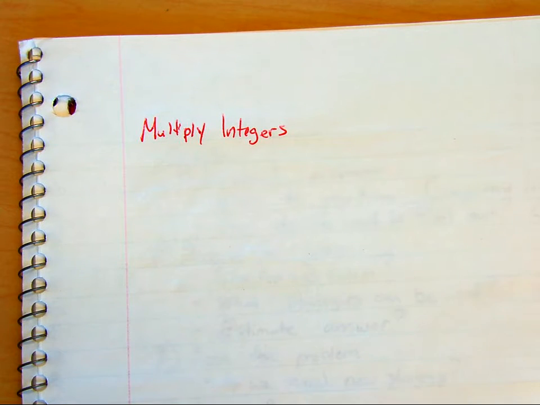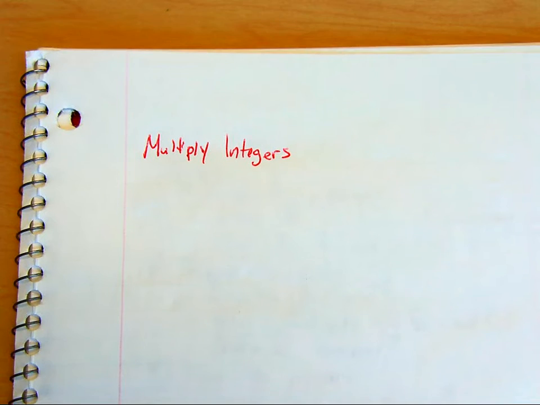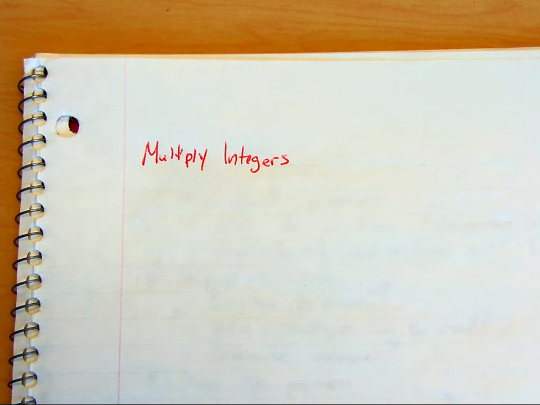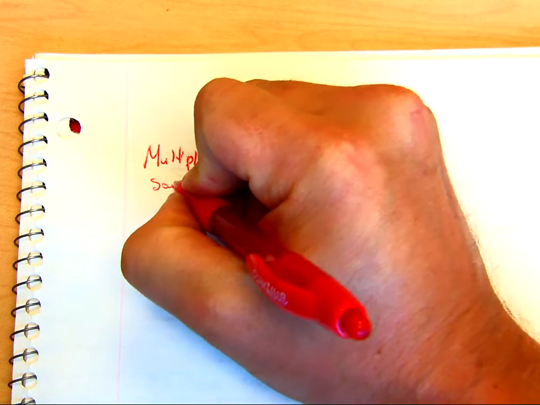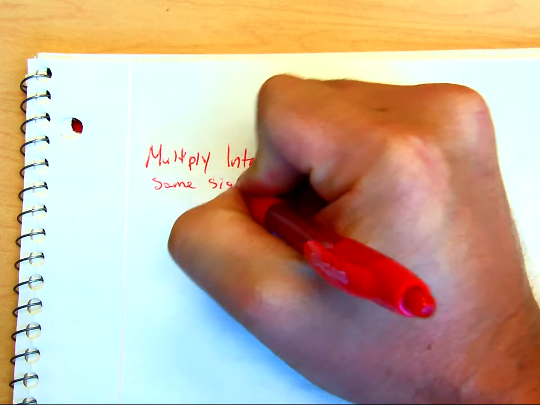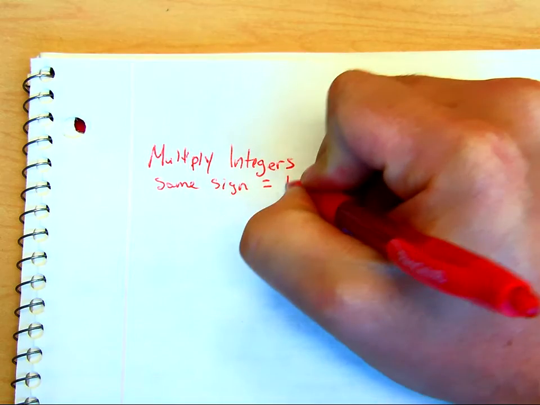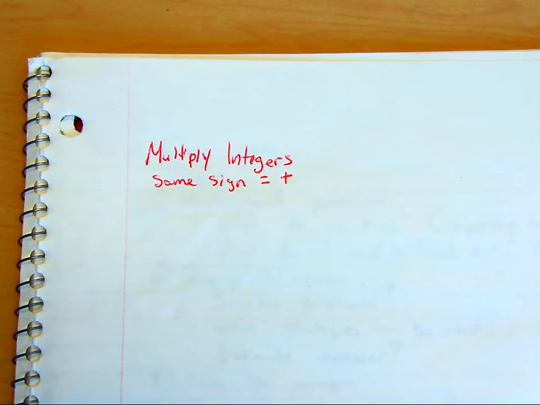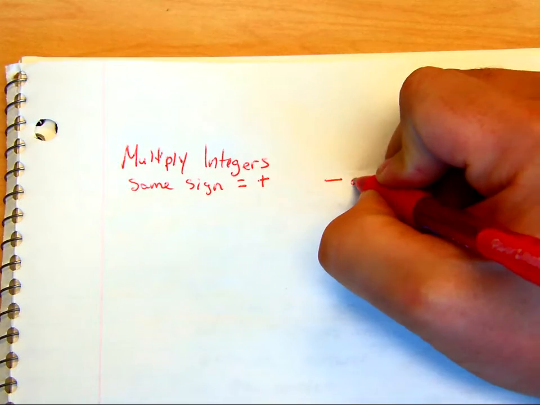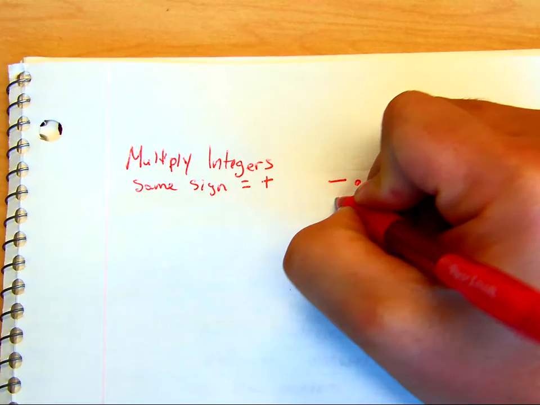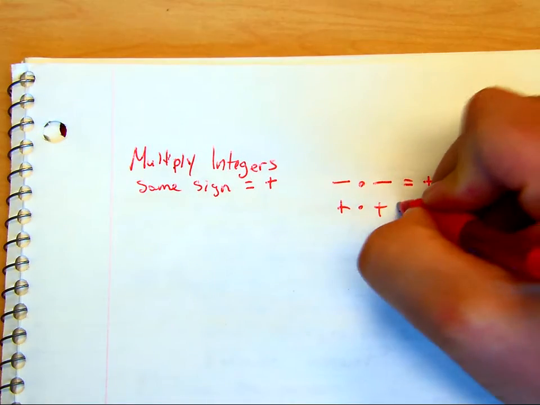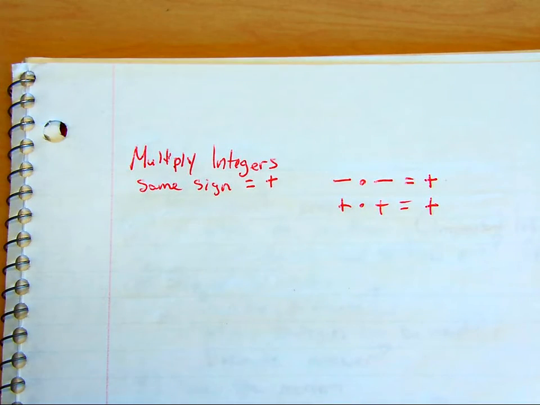Alright, so when we're looking at multiplying integers, it looks really similar to multiplying just positive numbers. A couple rules that you might go by would be, if we have the same sign, the answer is going to be positive. That means a negative times a negative equals a positive, and a positive times a positive would obviously be a positive.